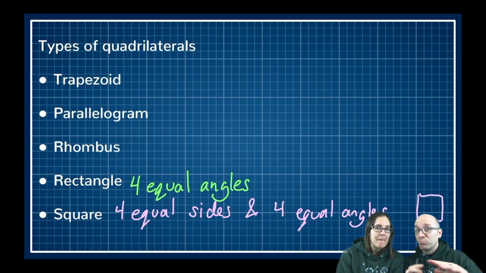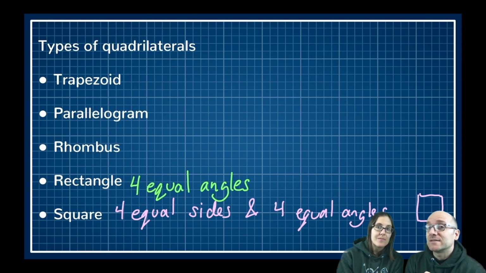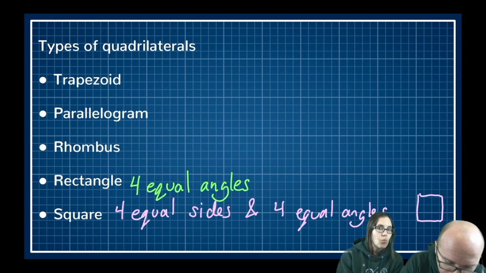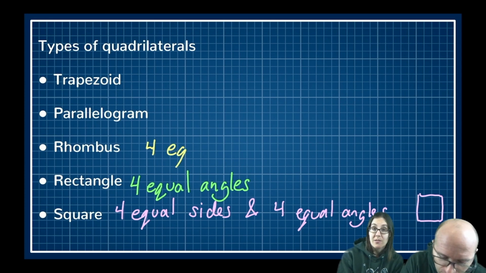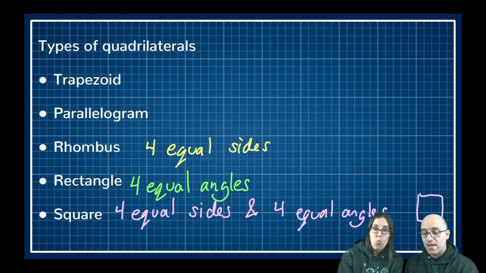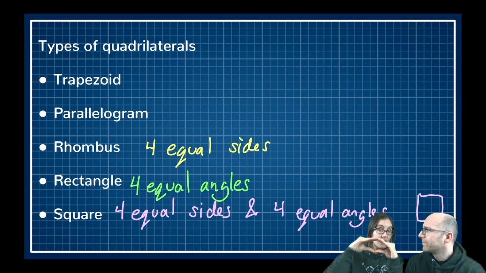So this is one that we probably don't come across every day, at least not using the language. A rhombus has an interesting property, four equal sides. But it doesn't have to have four equal angles. If a rhombus has the four equal sides and also has four equal angles, then it's a square. So a diamond is a rhombus?